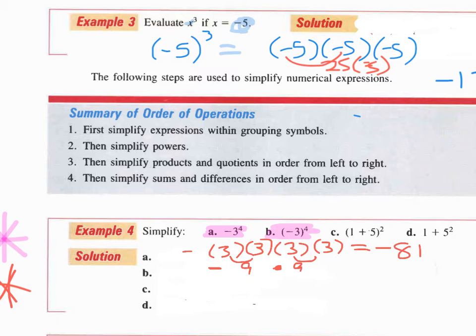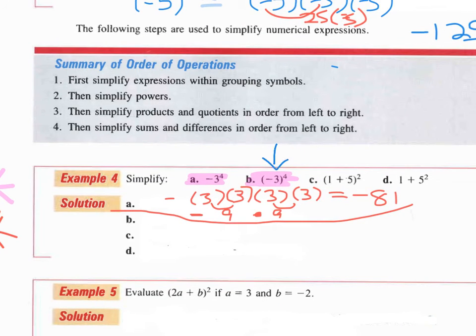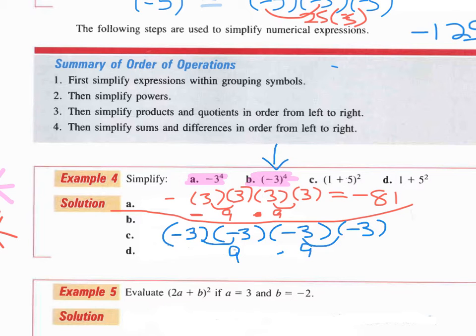However, on part B, for part B, notice it's in a parentheses. So this is telling me I'm going to multiply -3 times -3 times -3 times -3. Once I do this, I get +9. And you could also do it with the next term and the next term, but I like to do it this way because then I can do 9 times 9 is 81.